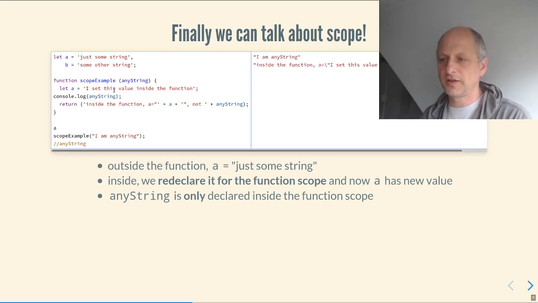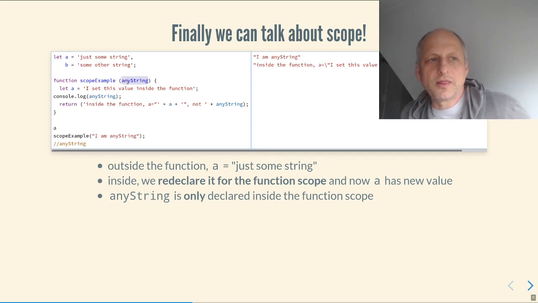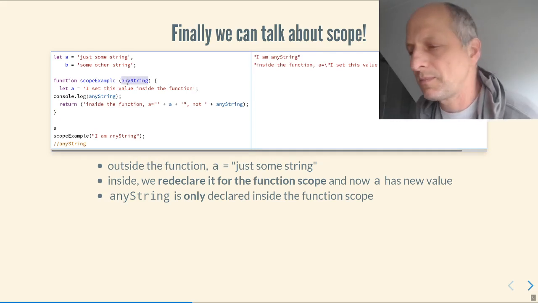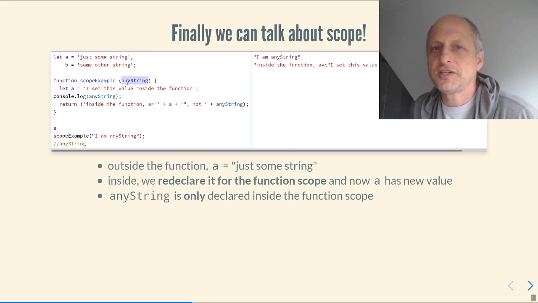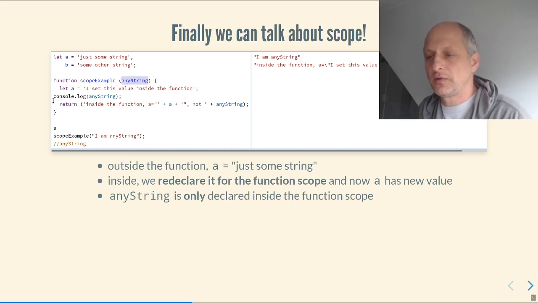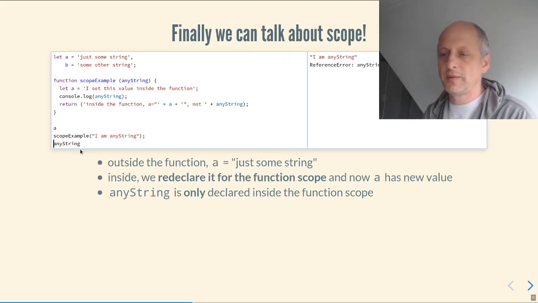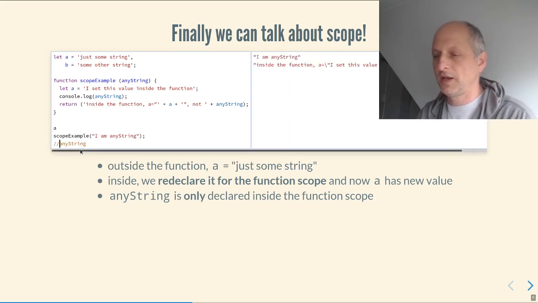So one thing to notice here is that the named parameter in the function definition defines and assigns a value to a variable which can only be accessed within the scope of the function. So I can write code that refers to any string inside the function, and it will work fine. If I try to access any string from outside the function, it will give me a reference error.